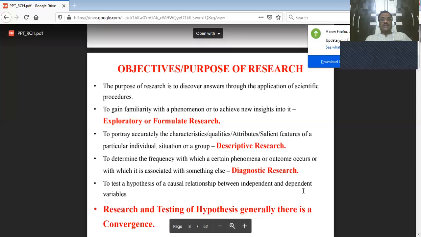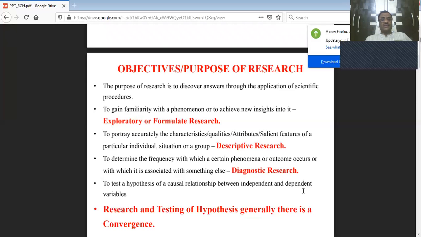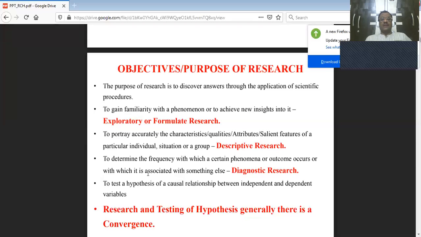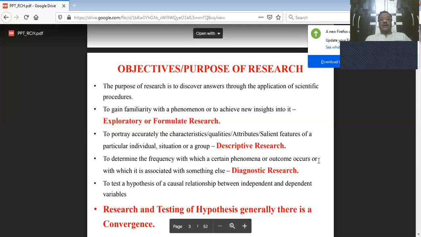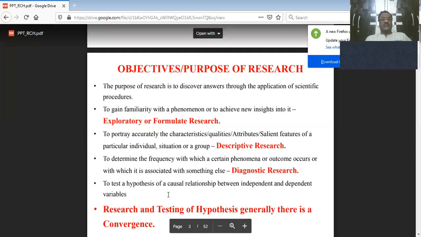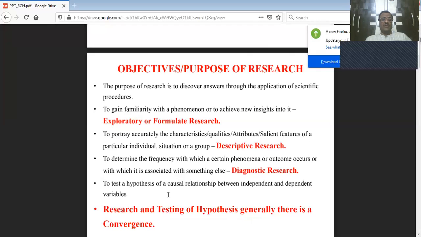Okay, next is going to be diagnostic. Diagnostic is all about determining the frequency or the rate at which a particular phenomenon or outcome is reported or occurred or going to occur, and its associated variables and its impact too.